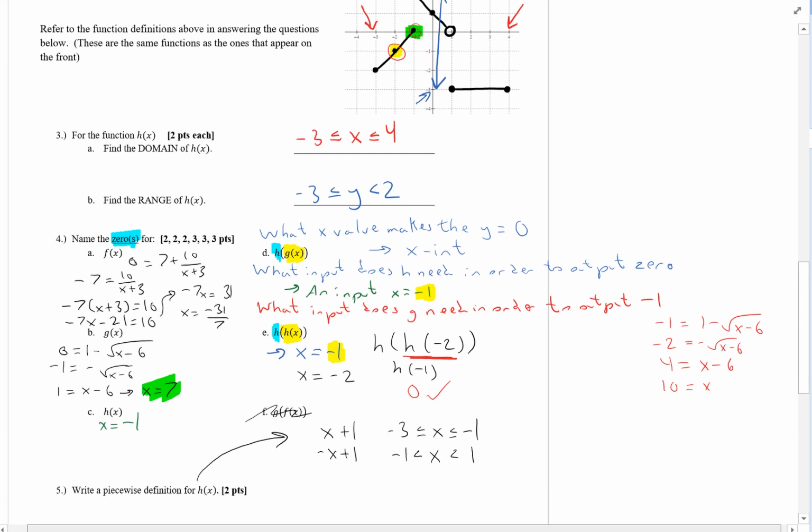The last line always has a y value of negative 3, and that is when x is greater than or equal to 1, because it is a filled circle, and then less than 4. That is how we write the piecewise definition of this.